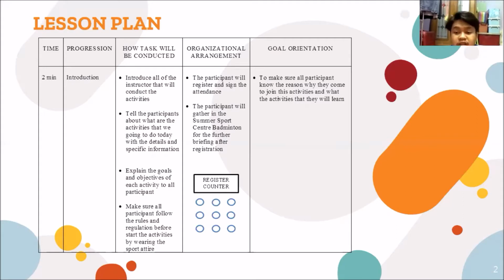For the organization arrangement in the introduction, we will provide a register counter, so the participants who want to register and sign the attendance can come to the register counter by forming three lines that you can see from the lesson plan. So the organization arrangement will be more manageable and arranged.